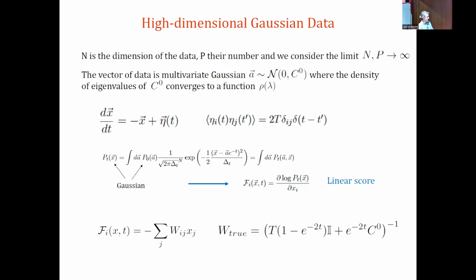So again, I remind you, you take a certain number of data, then you run your Ornstein-Uhlenbeck equation. Now in this case, Pt of x is the distribution of x at time t, and what you have is the convolution of the initial Gaussian with a Gaussian. The convolution of a Gaussian with a Gaussian is a Gaussian, so Pt of x is a Gaussian.